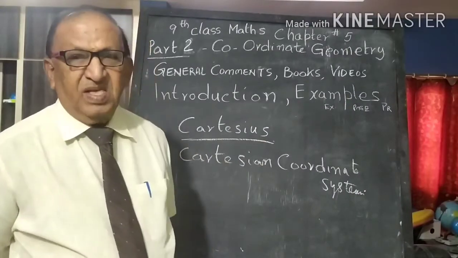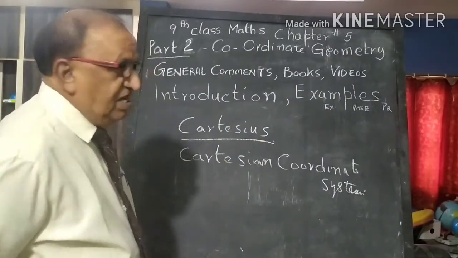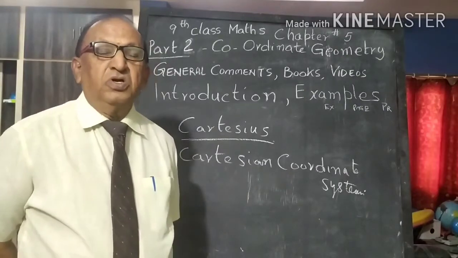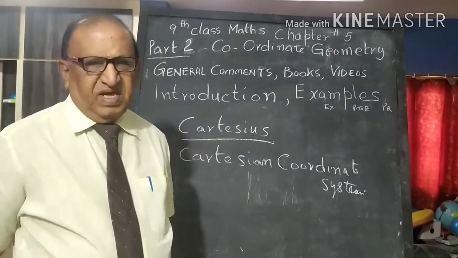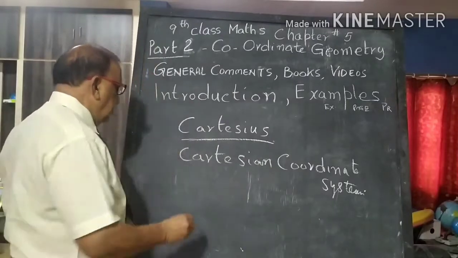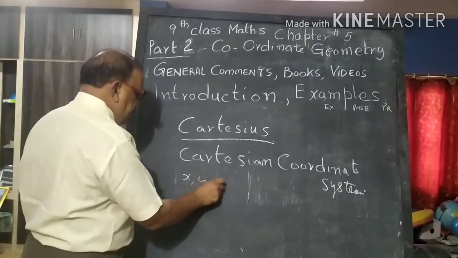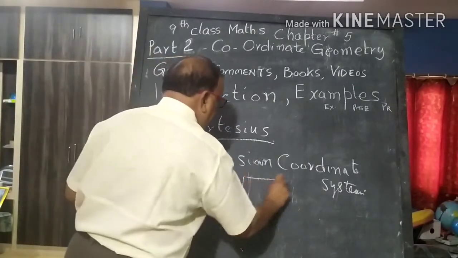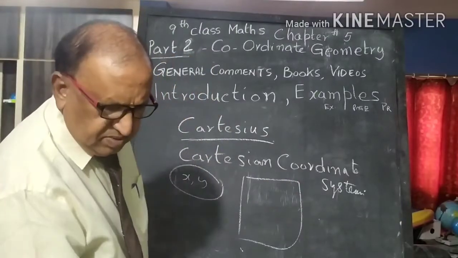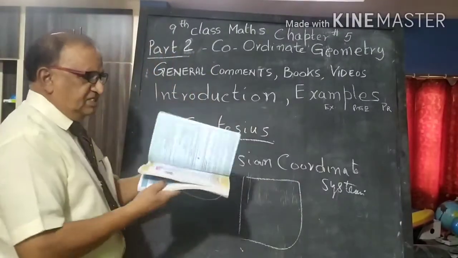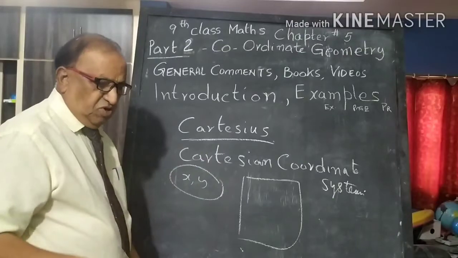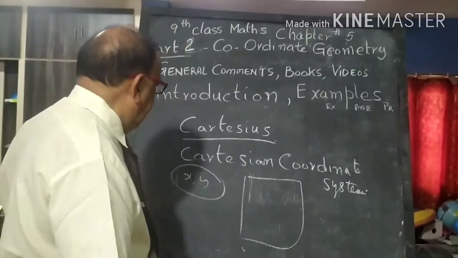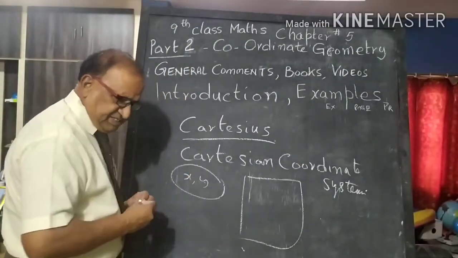But here, in this class, we are going to limit ourselves to plane geometry. That means it has only two coordinates, x and y coordinates. That means this is a plane. The board you have here, this is a plane. So, plane geometry has x and y coordinates.